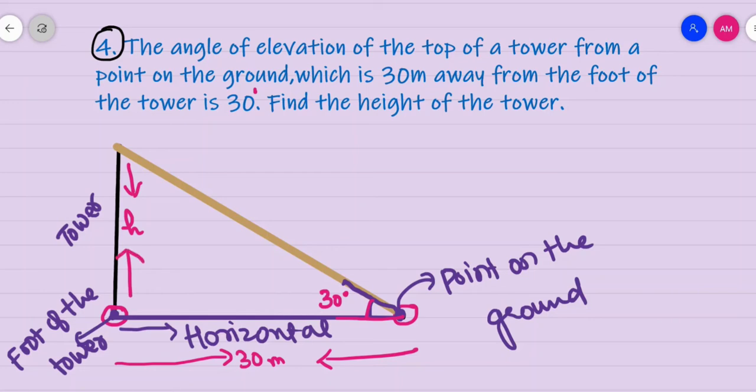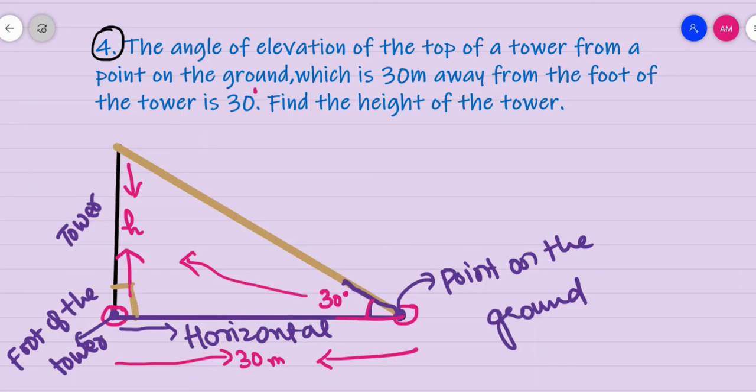Once again children, if you nicely see, the height of the tower is the opposite side of the angle made. The tower is making a 90 degree angle with the horizontal.